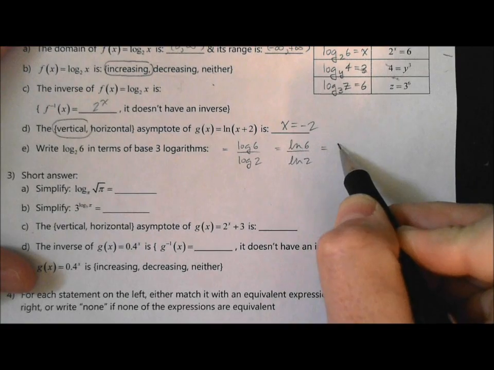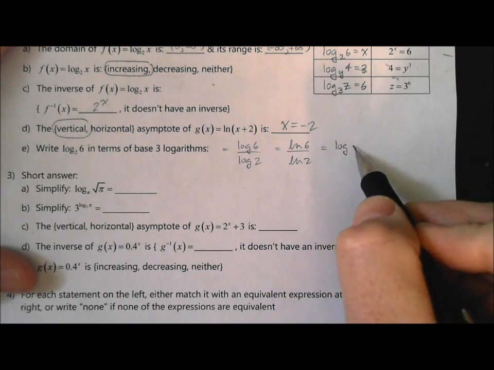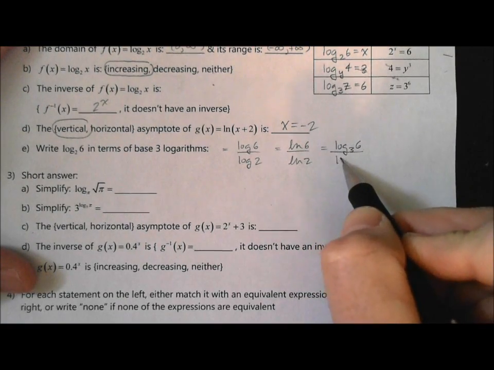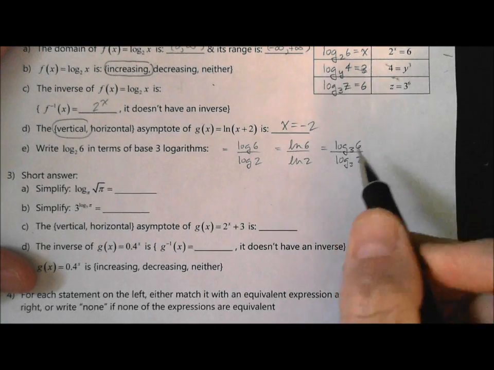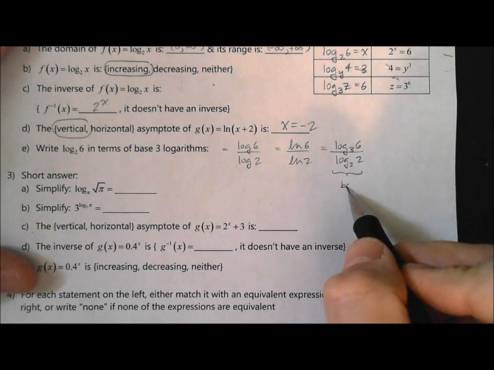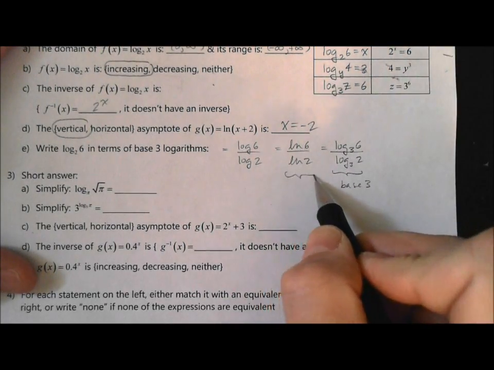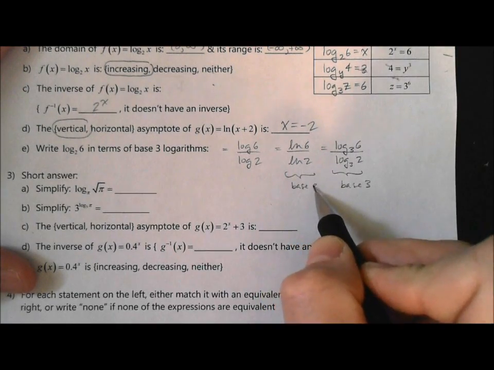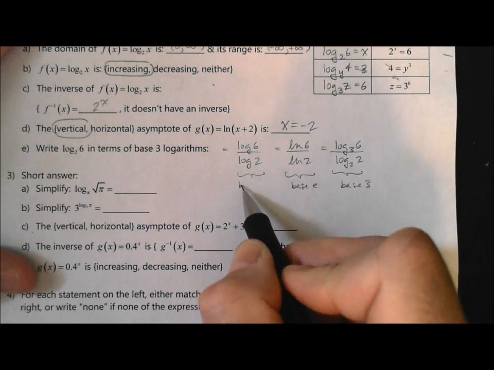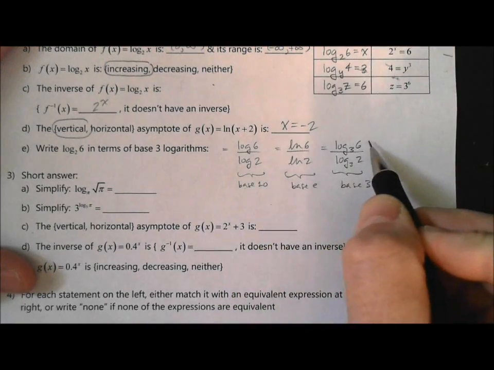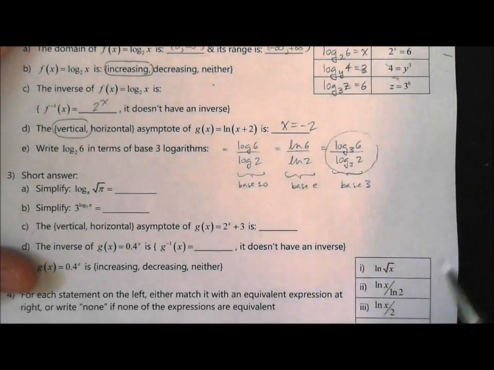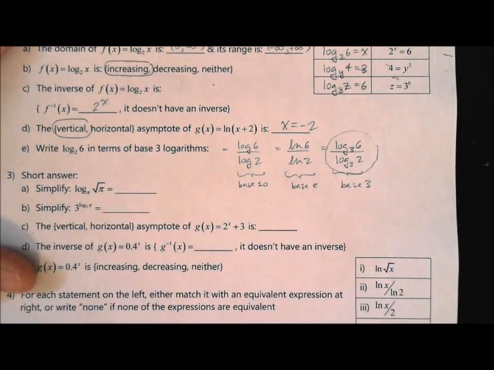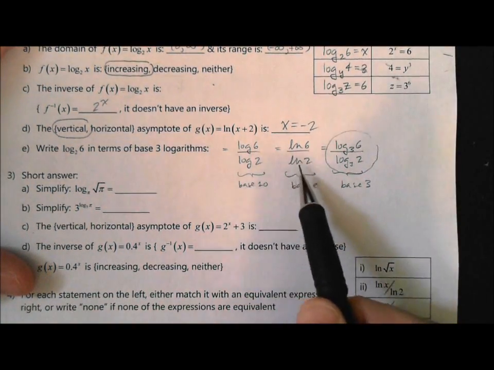We could write it in terms of base 3. And this is the one we wanted here. Any one of those is equal to the others, and for calculator purposes we probably would use one of these.